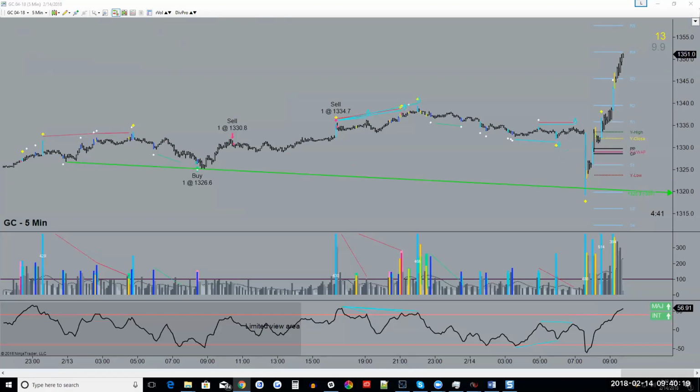I take that back, 60.91. That's what I have for a fourth wave target in crude. Yeah, I'm looking for 60.87. I like that number.